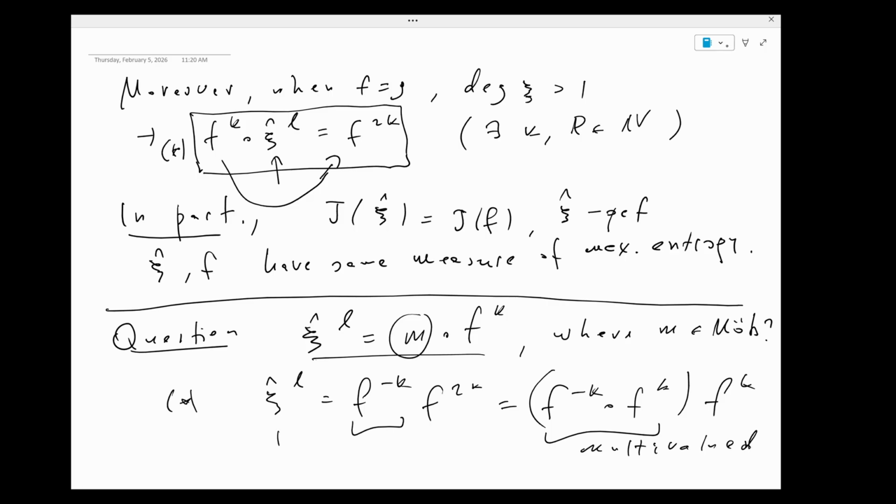The left-hand side is a rational map, so it's single-valued, so rational. So that just means that this multi-valuedness gets canceled by precomposing with some iterate of k. So this is kind of an issue here.